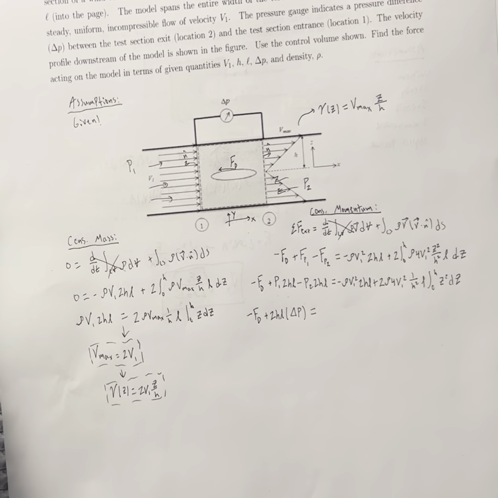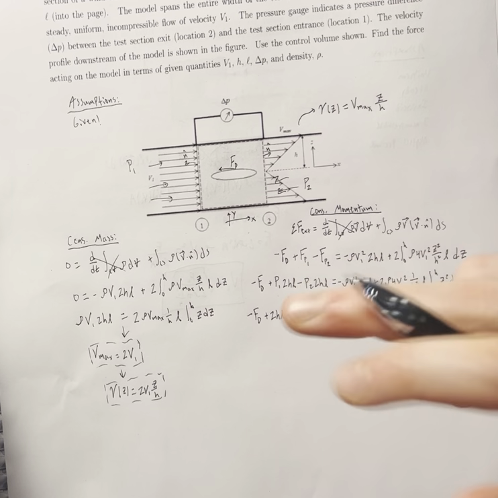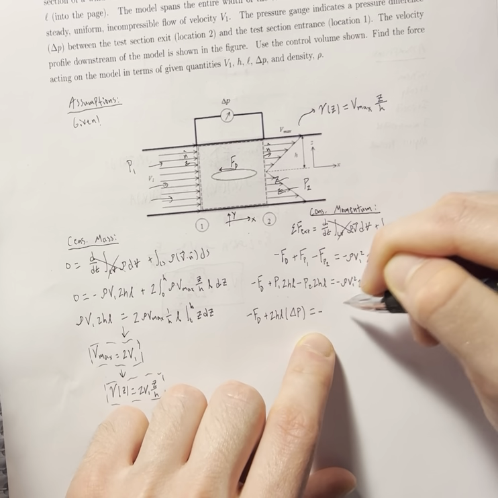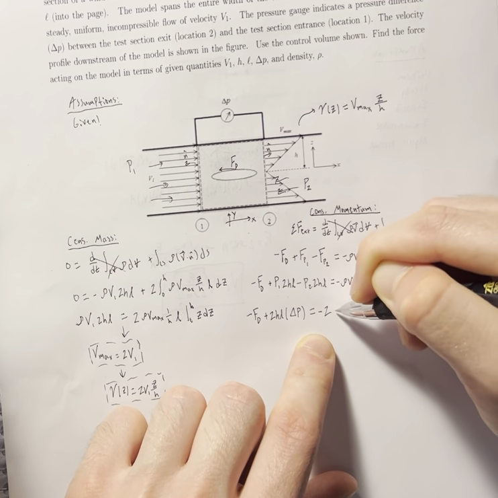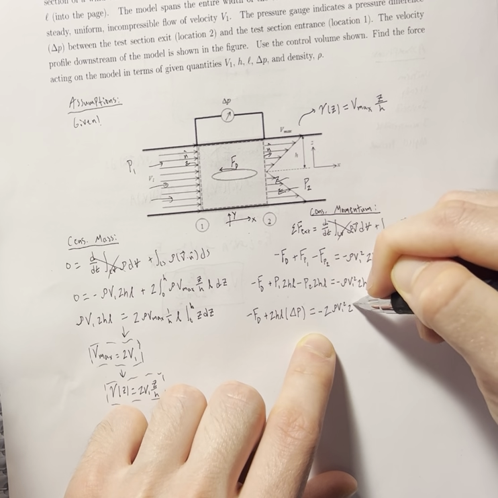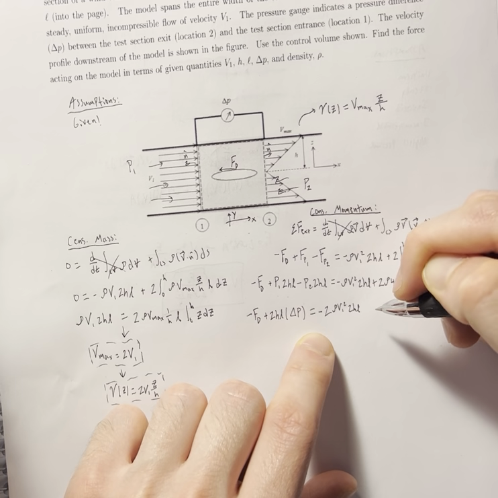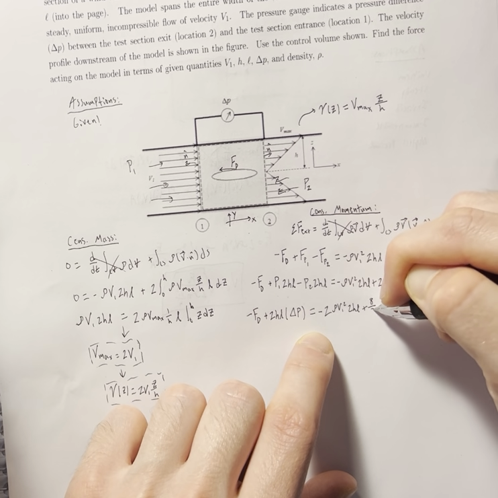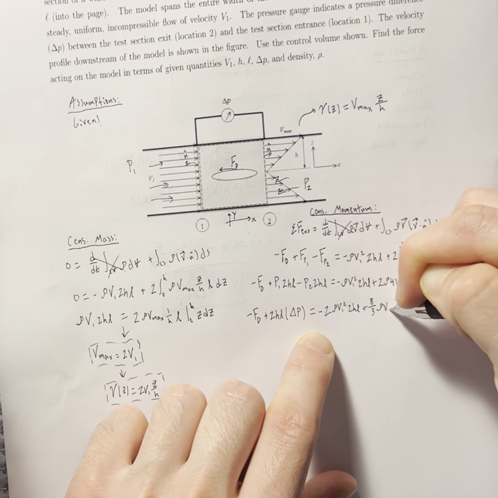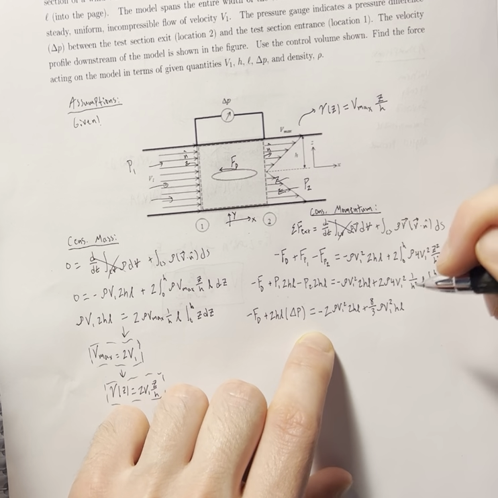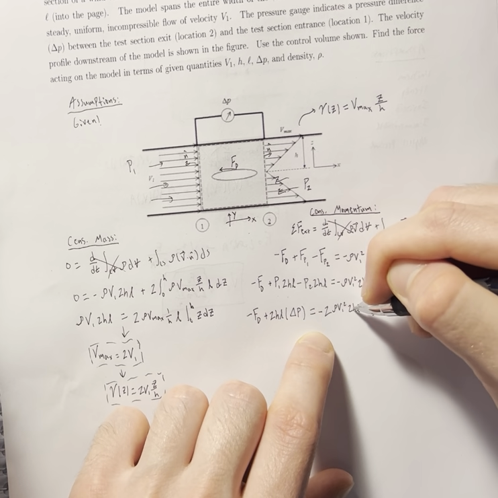On the left-hand side. So anyway, this all simplifies down to negative 2 rho V1 squared 2HL plus 8/3 rho V1 squared HL. Oh, there's an extra 2 in there.